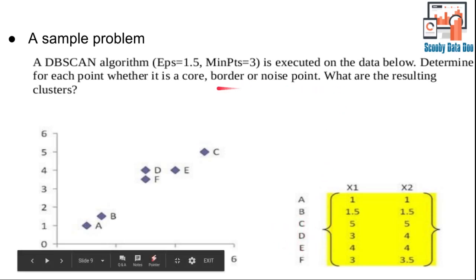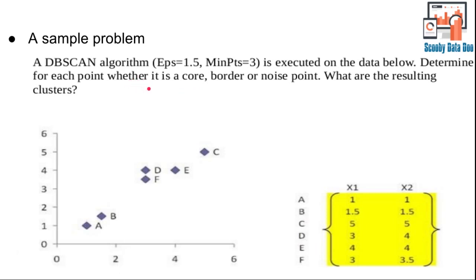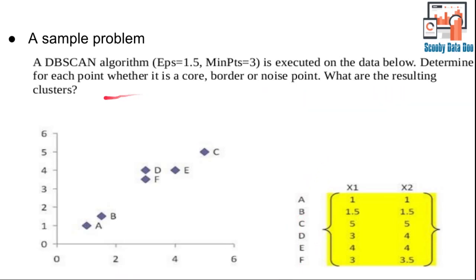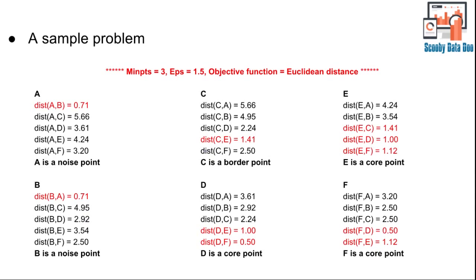So the question is asking me to label all these points as core, border, or noise point, to find out which point is what, and what are the resulting clusters here. All right, let's see. Okay, so this is my finding.